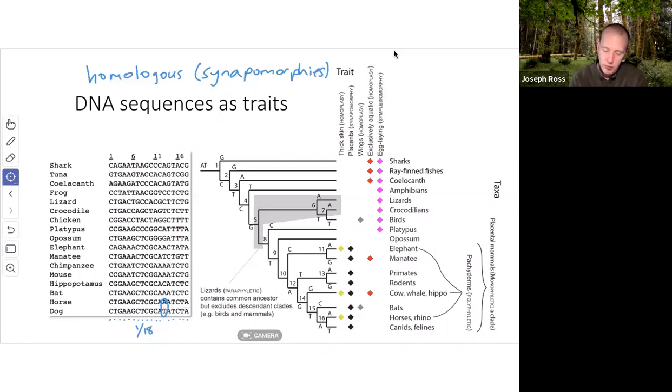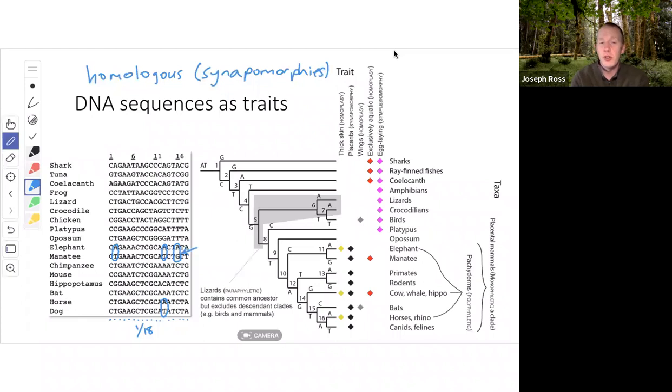In other words, if we compare elephants and manatees, they're sister taxa. So we should be able to find a nucleotide where there's an A in the elephant and a G in the manatee. And although there are other differences between the elephant and manatee sequences, we can use that one nucleotide difference, the first one that I circled, to represent a diagnostic difference between the two lineages.